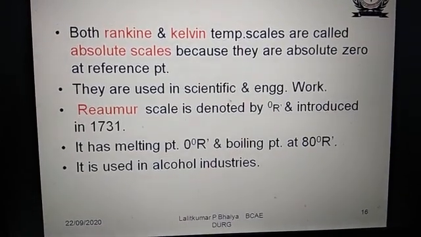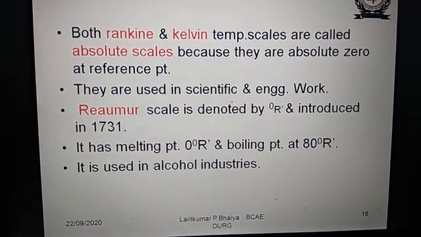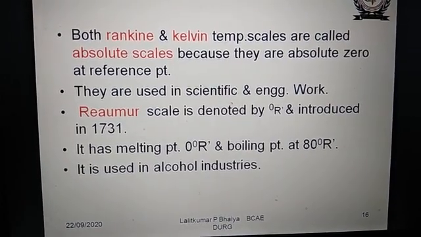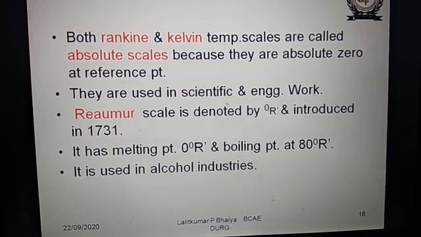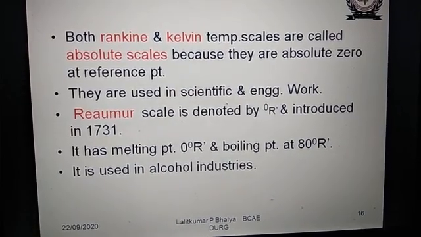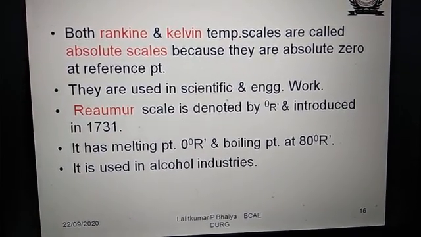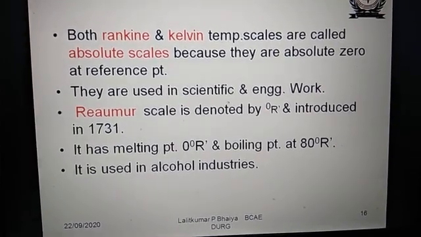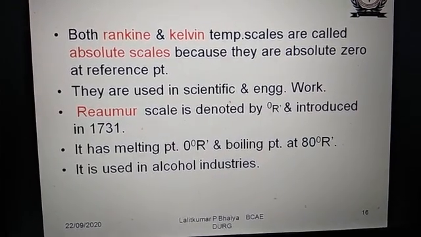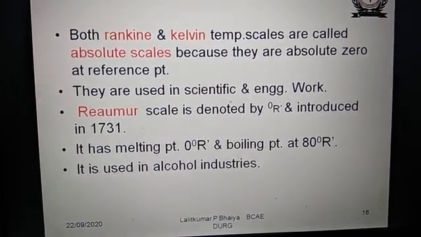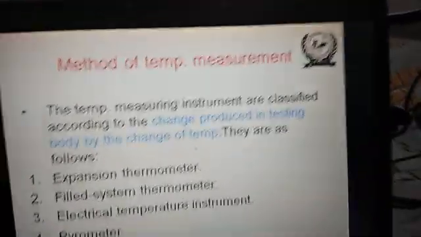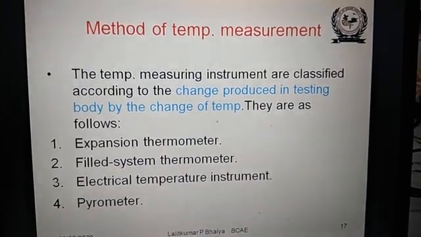Already we have seen. These Rankine and Kelvin temperature scales are called absolute scales, and Reaumur scale is denoted by degree R dash, that we have seen. Degree R is the Rankine and degree R dash is the Reaumur scale. In alcohol industries it is used.